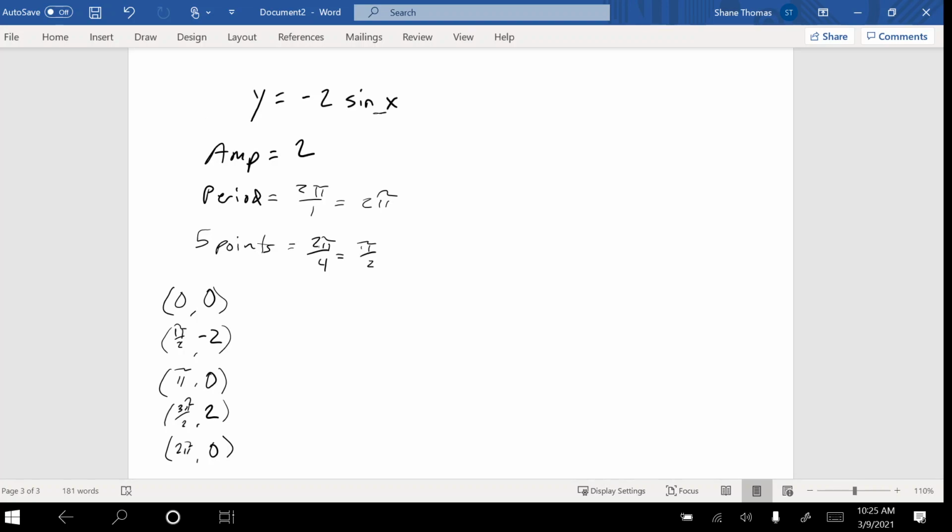Okay, almost done. Last one. What happens if I multiply the x by a number? Okay, so let's look at y equals 3 sine of 2x. Messes up just a little bit, but not horrible here.